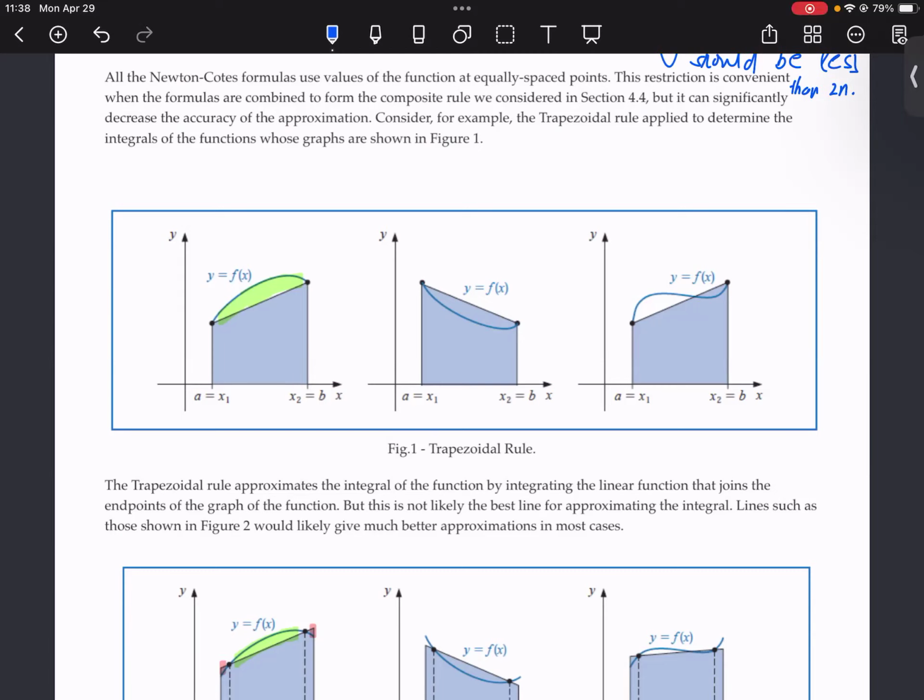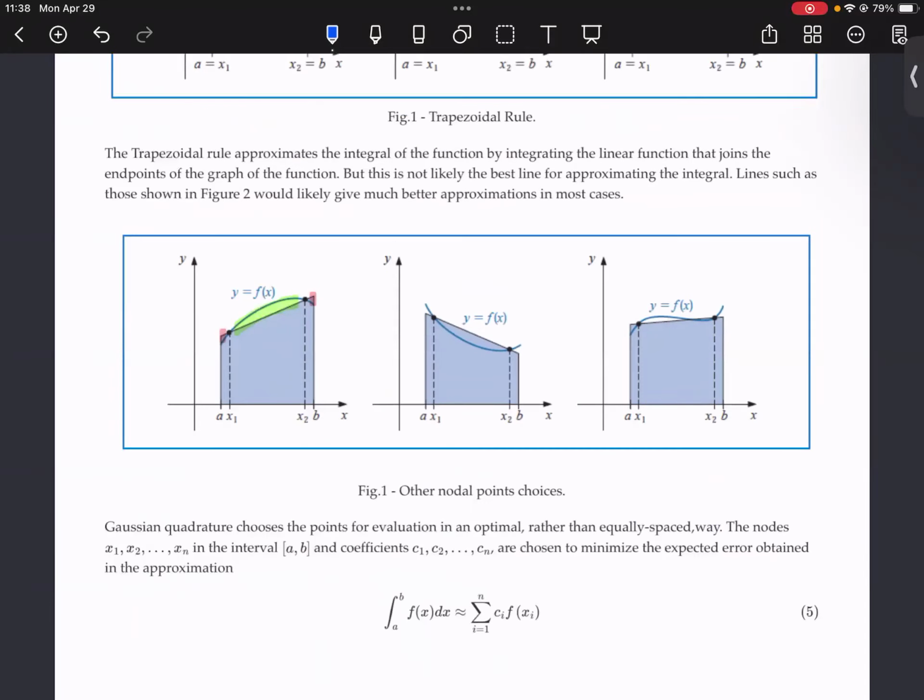So the nodal points look like this. If we choose other nodal points but still use the trapezoid area to approximate, I'm not going to choose a and b as my nodal points. Here I use x_1 and x_2, inside the interval.